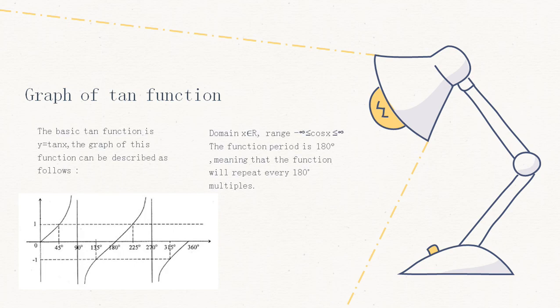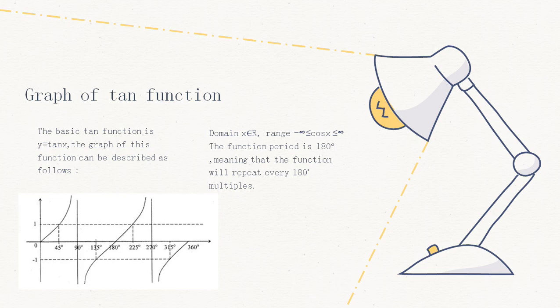Graph of the tan function. The basic tan function is y equal tan x. The graph of this function can be described as follows in this picture. Okay, the domain of the tan function is the same as the domain of the cos and sin functions. It's x an element of R, but the range is different.